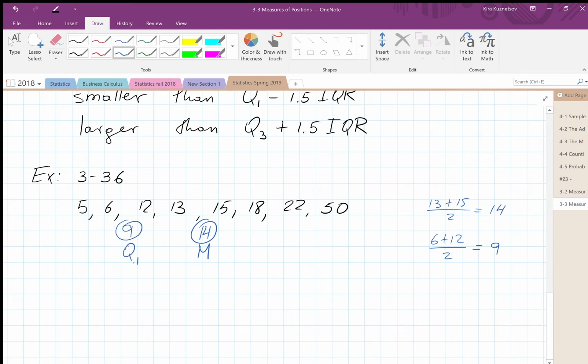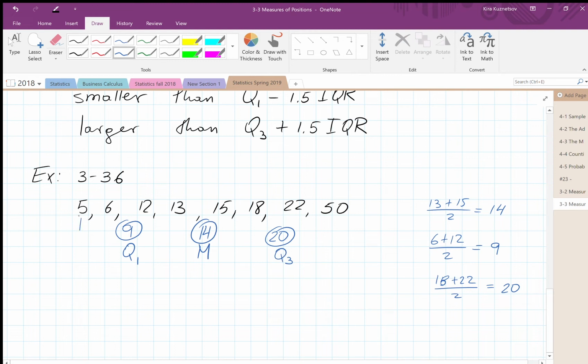That's Q1. I have the same 4 numbers on the other side. So I have 18 plus 22 and the average of those two. 22 plus 18 is 40. 40 divided by 2, 20. So there is my Q3.